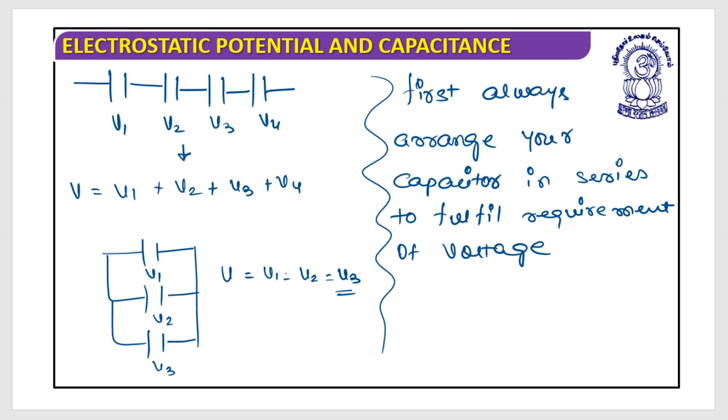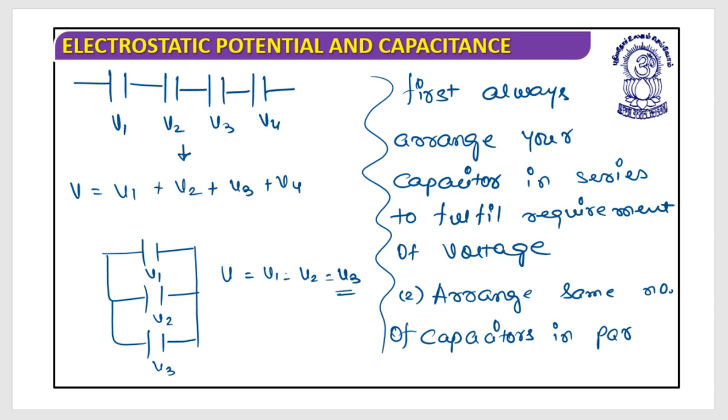This is the first task. And then arrange the same number of capacitors in parallel. Yes. Okay, what does it mean that first arrange them in series and then in parallel?